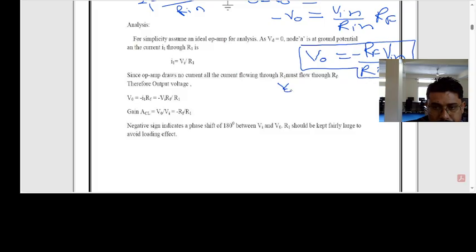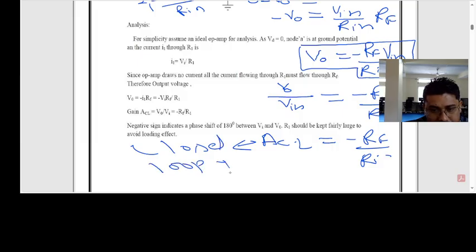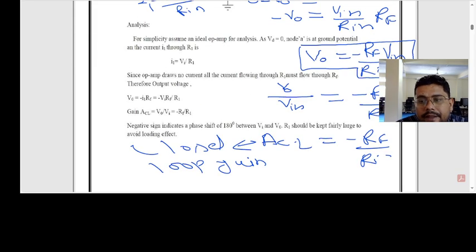This is called the closed loop gain of the amplifier. So this was the case of the inverting amplifier.